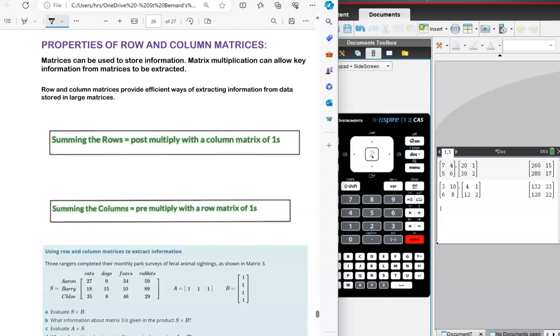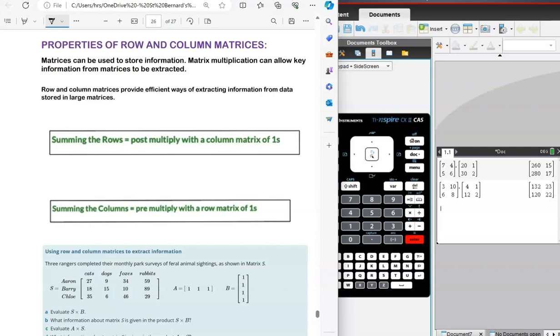So when we say summing, we mean add up. So let's have a look. So matrices can be used to store information. Matrix multiplication can allow key information from matrices to be extracted. So because it's more into computer coding, this is where they want to pull out one row all added up, or the computer wants to pull out one column all added up.